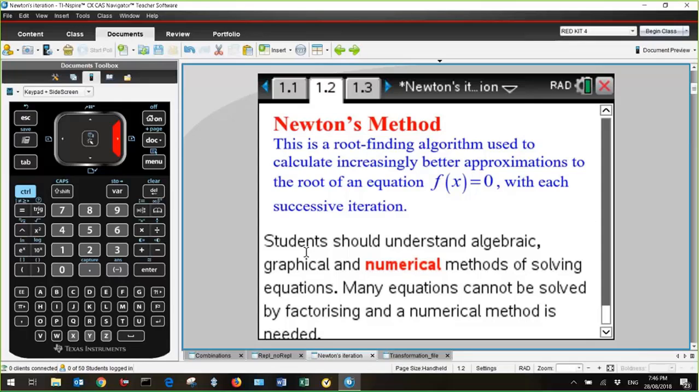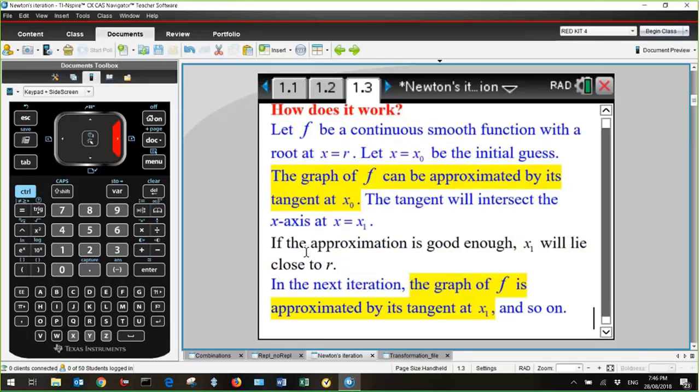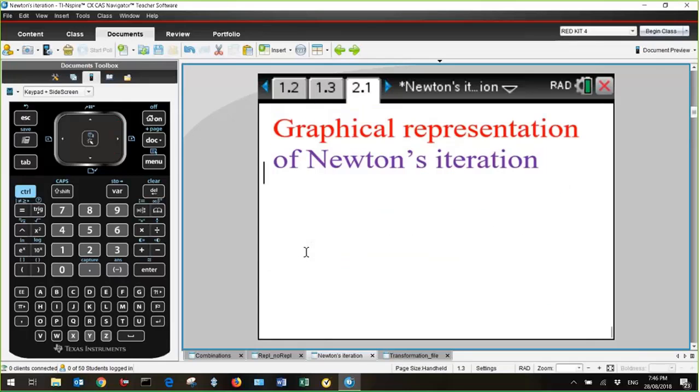In fact, most of the equations that we would come across in engineering, once we go beyond quadratics, cannot be solved analytically, and a numerical method needs to be used. So the important thing is not the answer. The technology will give us the answer by magic. It's understanding the process.